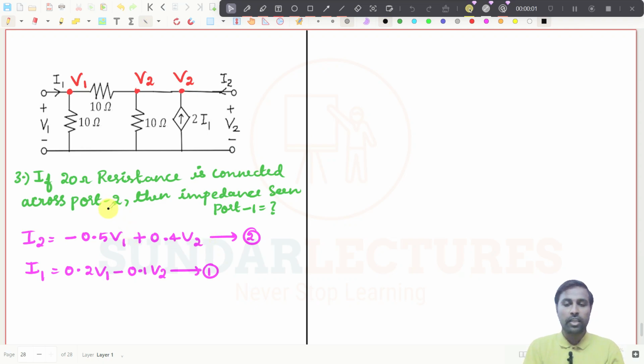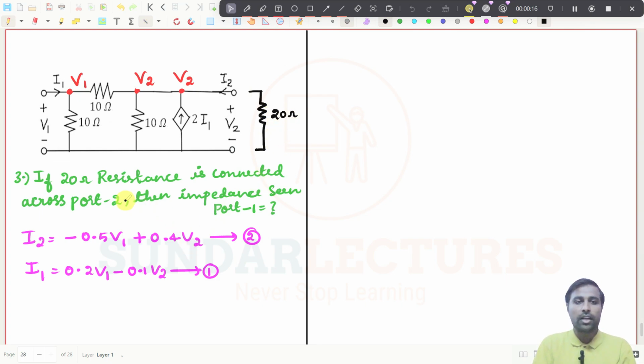So now you see the third question. What is the third question? If a 20 ohm resistor is connected across port 2, which means I am going to connect a 20 ohm resistor across this port 2 now. So this value is 20 ohms. Then what is the impedance seen from port 1?